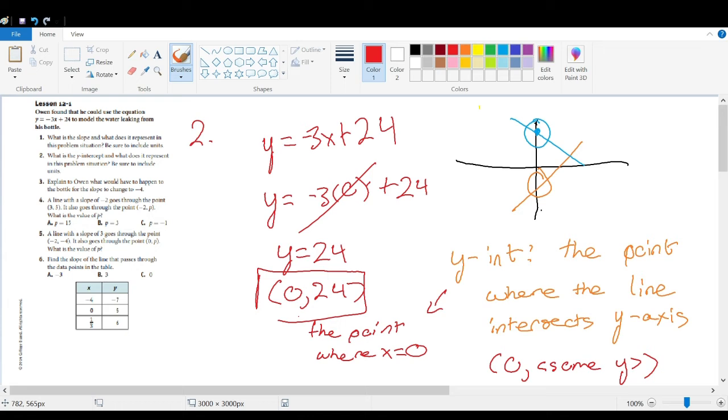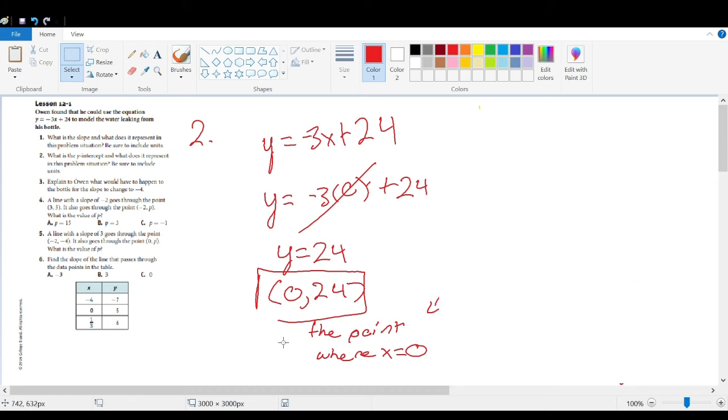But yeah, so now let's do the second part of the problem, which is: what does it represent? Well, to explain what it represents, let's think about it. We're talking about the point where x is equal to 0. What is x? We said x is the time. x is the number of seconds since the hole was created.